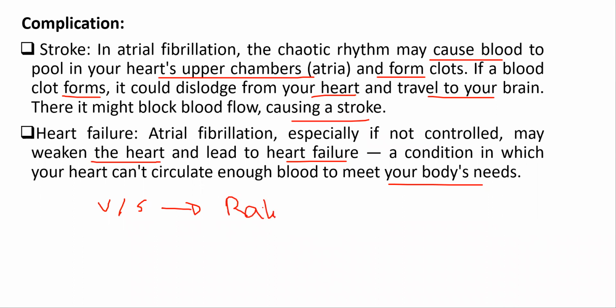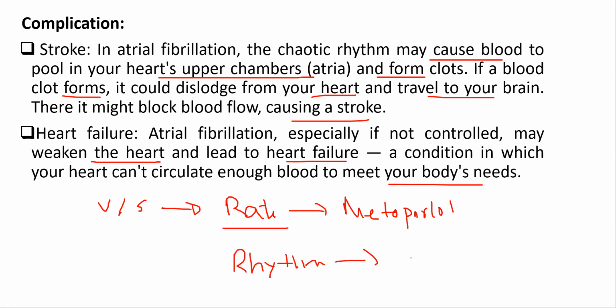So how to do the rate control? You can use any of the beta blockers like metoprolol, carvedilol, atenolol, those ones, or any of the rate-limiting calcium channel blockers like verapamil or diltiazem. If rate control is not helping, then the next option is rhythm control.